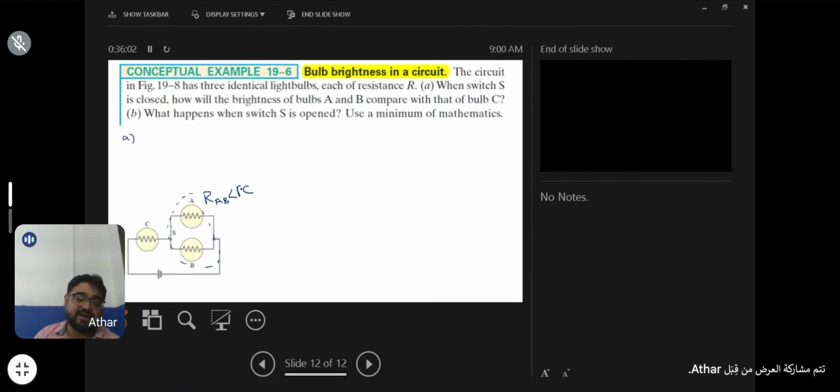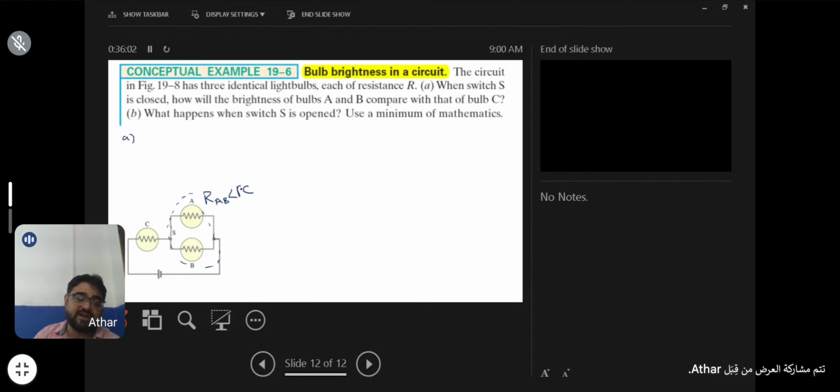When we talk about the total amount of current passing through, it is I. How much current will pass through RC? The total current I passes through RC, which is more than I1 and I2. When I is more than I1 and I2, what does it mean? It will be brighter.